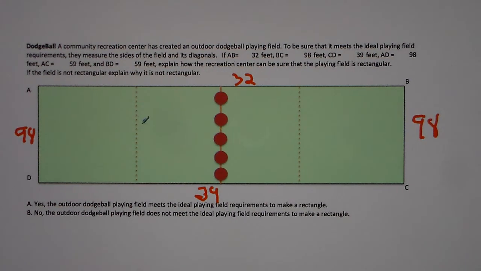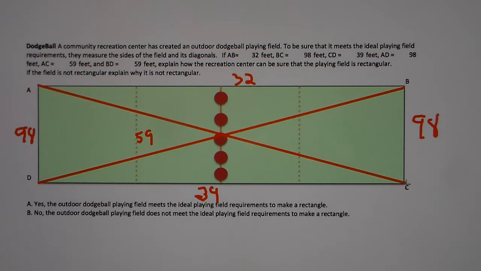So if I were to draw that in, both diagonals are 59. I'll just do one diagonal. Because both diagonals are 59, we're good. This passes the rectangular test here about the diagonals both being 59. So that's good there.